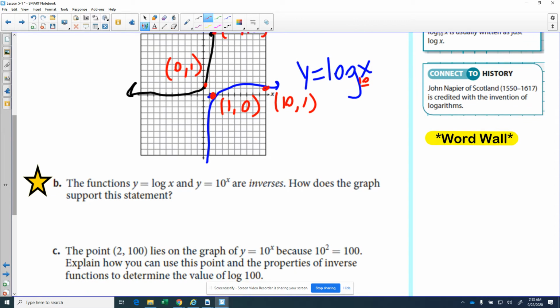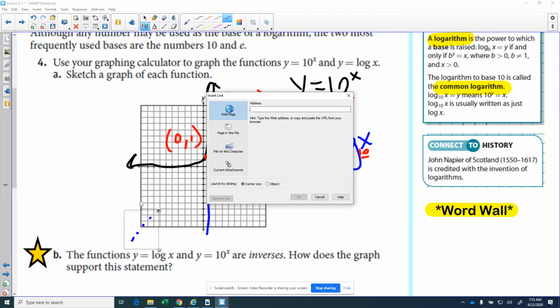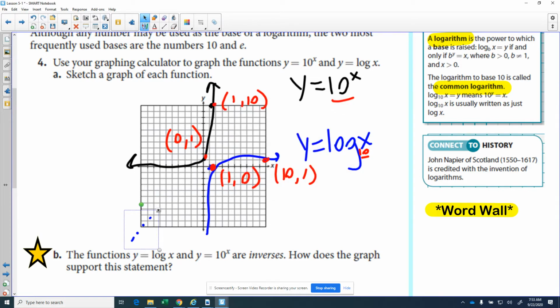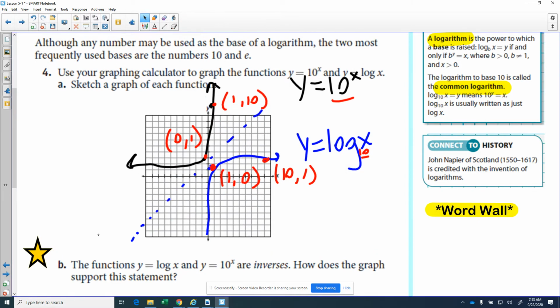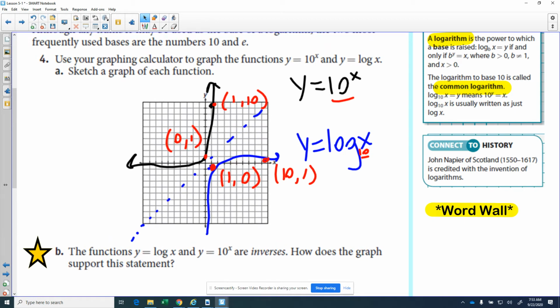Now, in part B, they say the functions log of x and y equals 10^x are inverses. How does the graph support this statement? Well, inverse functions always have this very interesting thing about them: they are always symmetrical about the line y equals x.